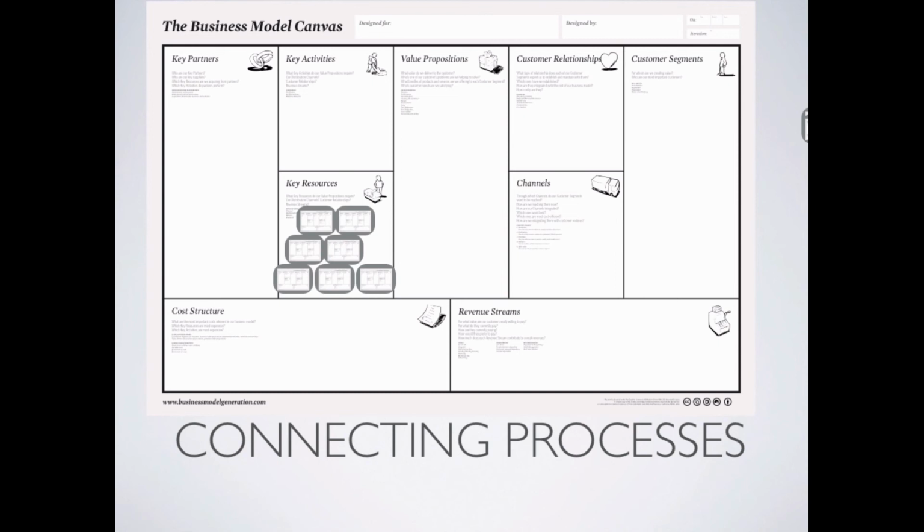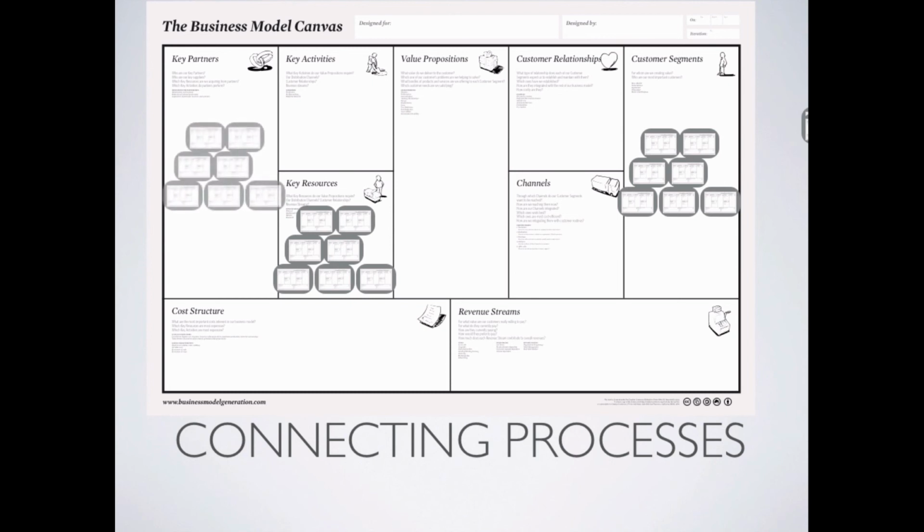And in fact, that collection of people not only exists here at Key Resources, it also exists over here on customer segments. It also exists over here on key partners. And it can consist of collections elsewhere, but we have at least these areas.